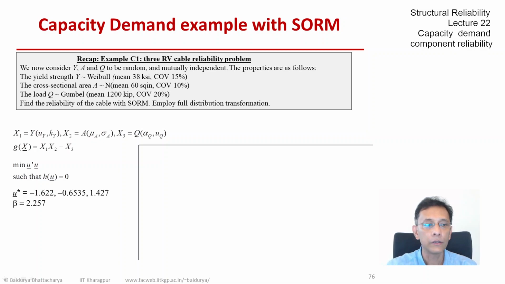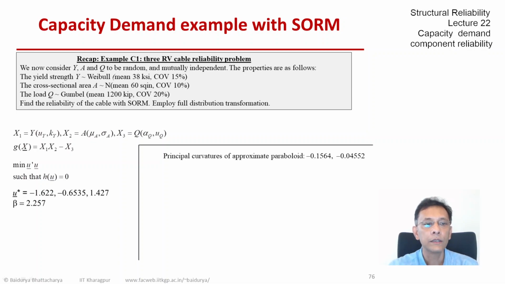star, as you see on the screen, negative 1.62, negative 0.65, and 1.43, and the reliability index was about 2.25, 2.26. So with this starting point, let us see how much an improvement we get if we employ SORM.